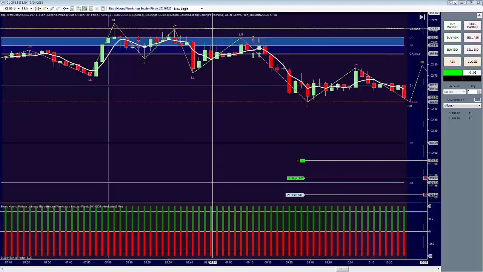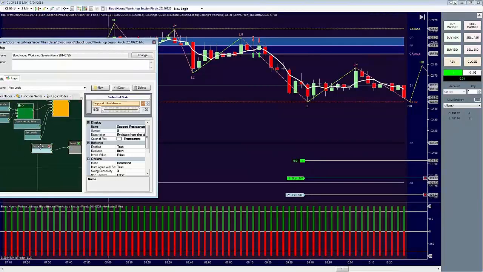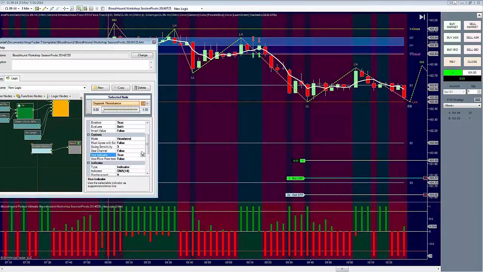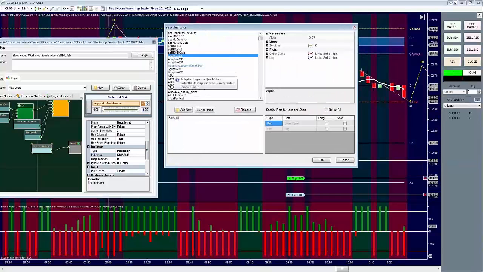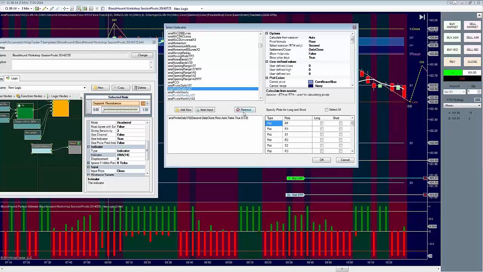So rather than saying that it must agree with a swing trend, let's just turn that off and then set use indicator to true, and then add the sessions pivot indicator. Pivots daily, 42, all right?